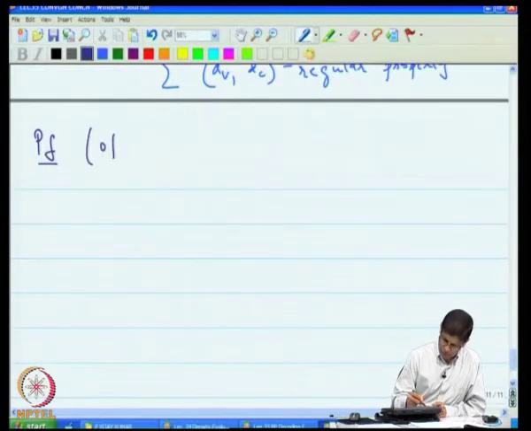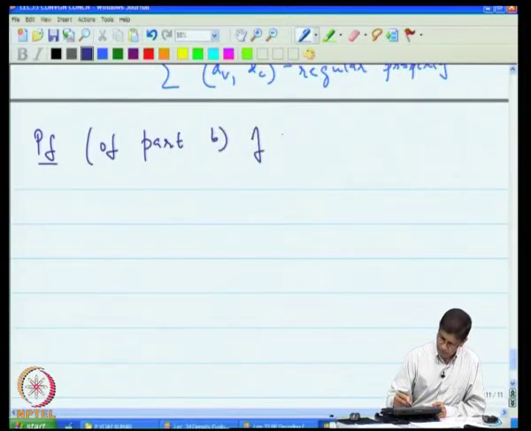Okay. So, we will say proof of part B of the theorem.